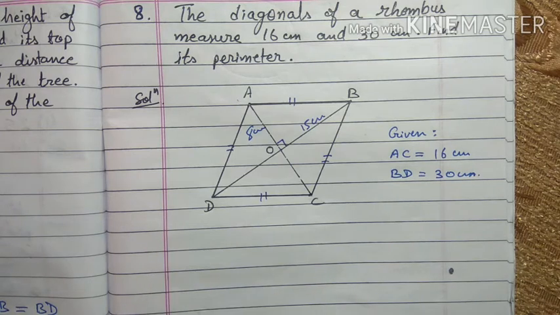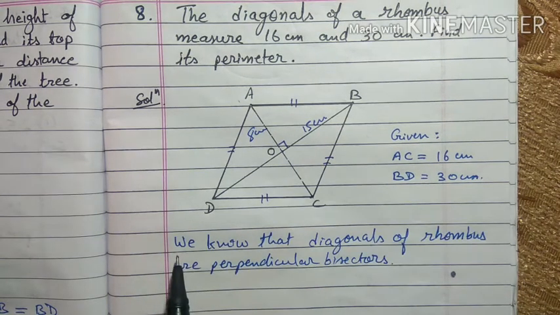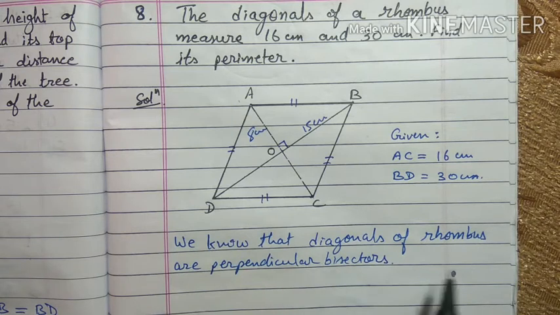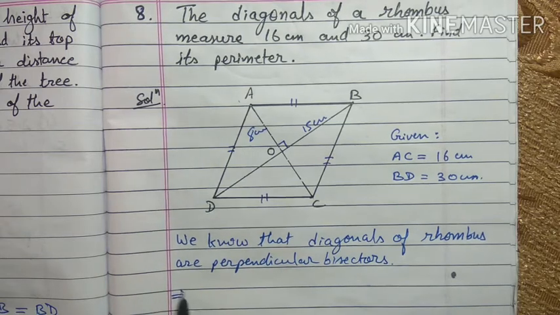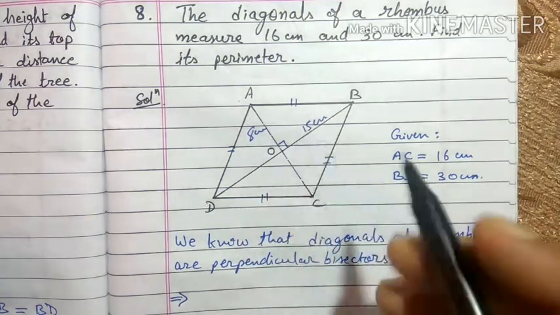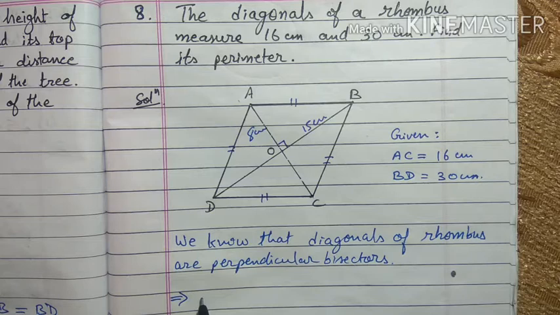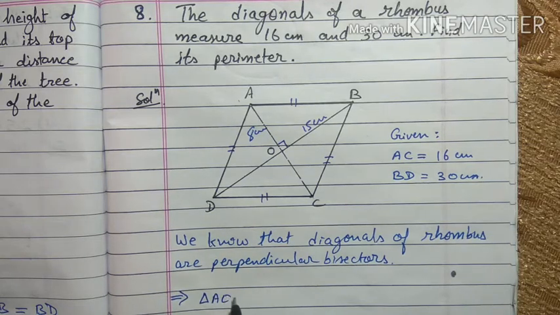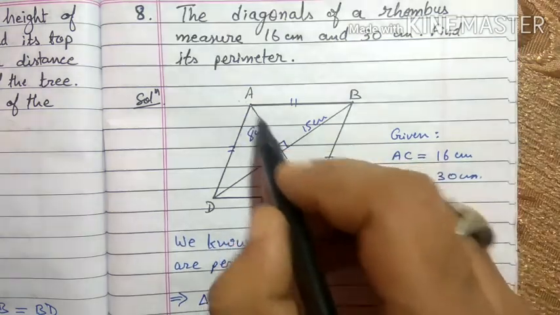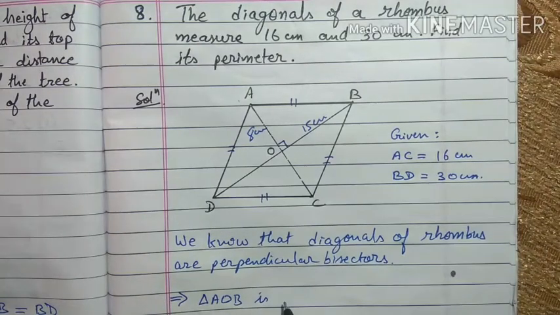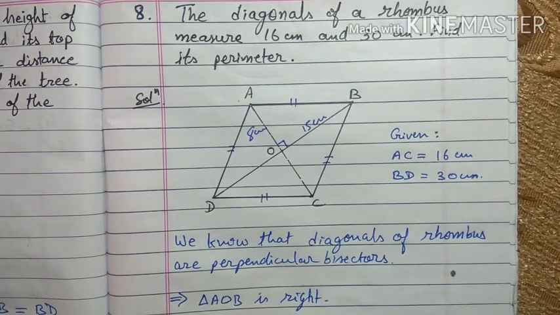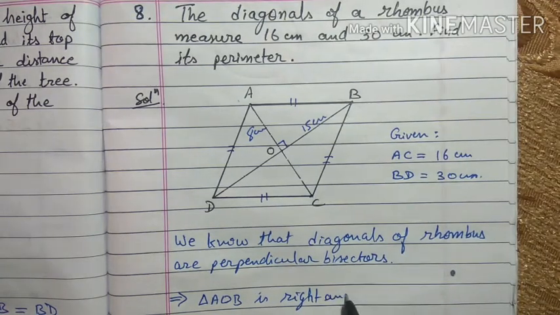Then what to do? We have to write here. We know that diagonals of a rhombus are perpendicular bisectors. So this implies that it forms a right angle triangle. So it forms triangle AOB. AOB is a right angle triangle.